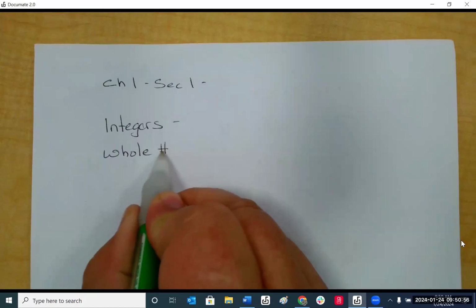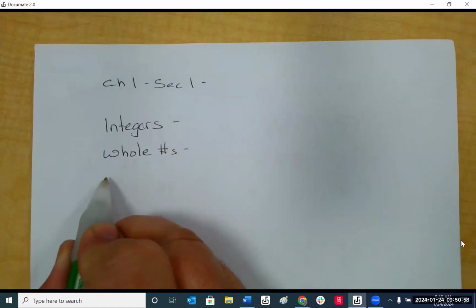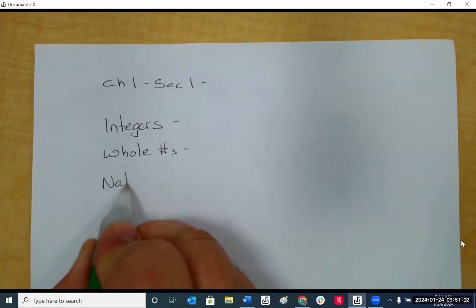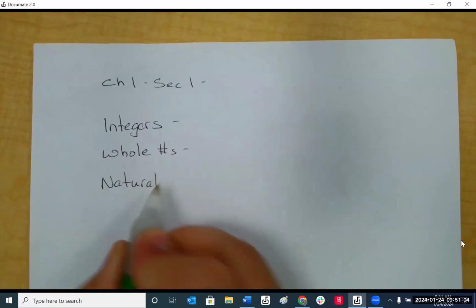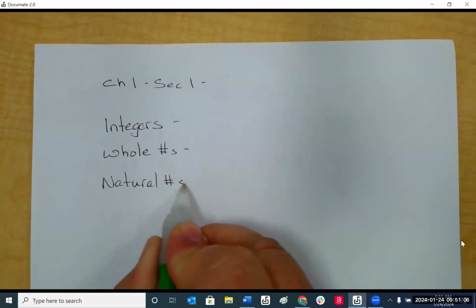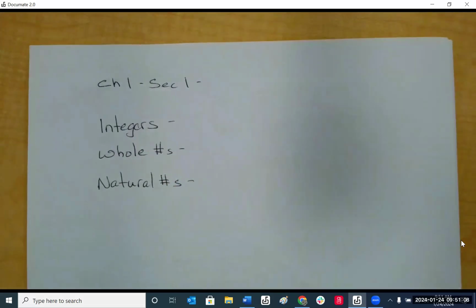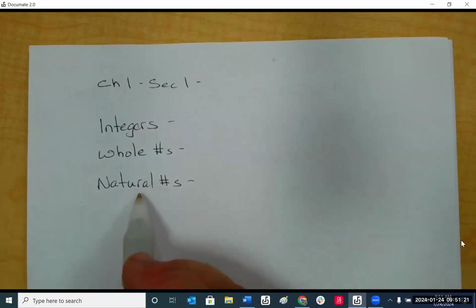What are whole numbers? What are natural numbers? You've heard those words before. You once learned them in elementary school, but you've forgotten them since then. What's a natural number?